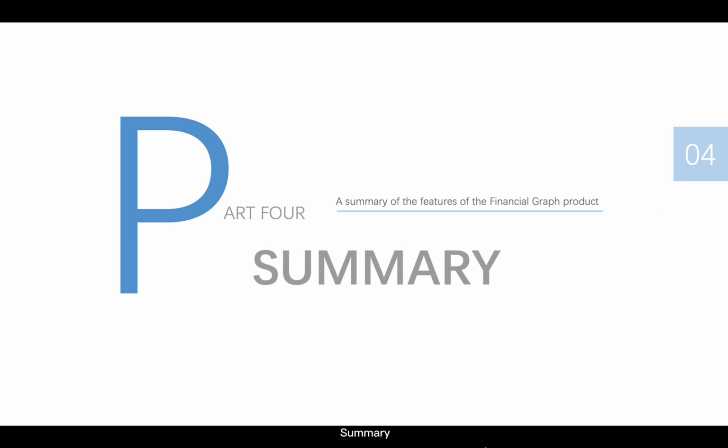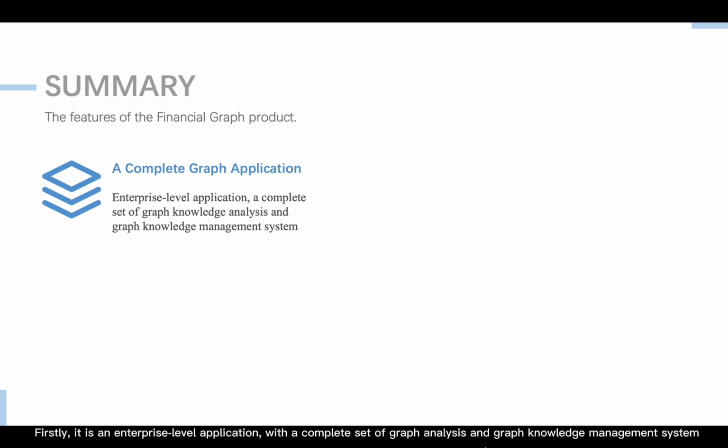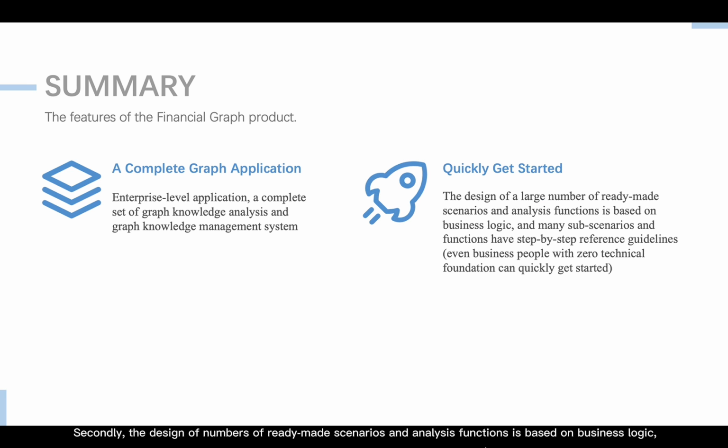Part 4. Summary. As the prototype shows, let's conclude with a summary of the features of the financial graph product. Firstly, it's an enterprise-level application with a complete set of graph analysis and graph knowledge management systems. Secondly, the design of numerous ready-made scenarios and analysis functions is based on business logic, and many sub-scenarios and functions have step-by-step reference guidelines.